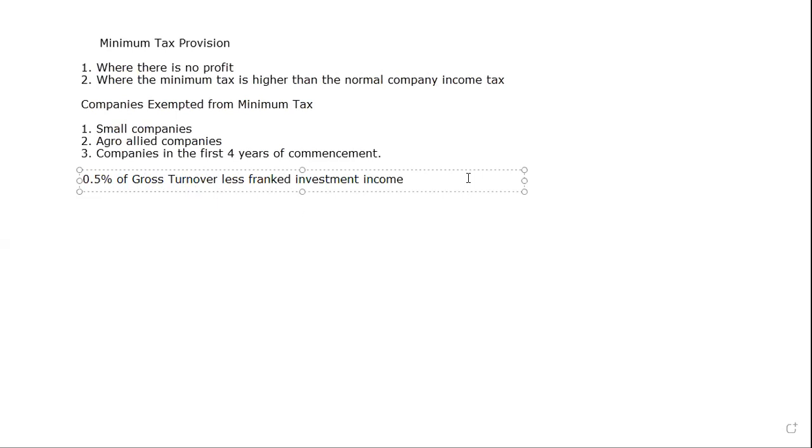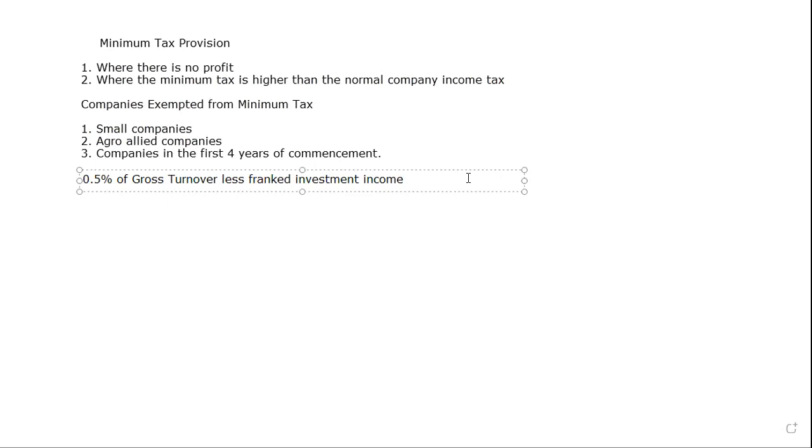The thing is that they changed it. This became effective in the 2022 year of assessment.